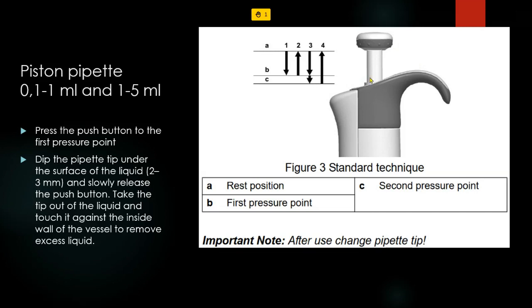Then press the push button to the first pressure point. Then you dip the pipette tip under the surface of the liquid and slowly release the push button. Then we take the tip out of the liquid, and pay attention to remove any excess drop.